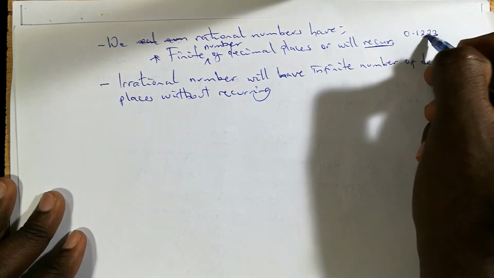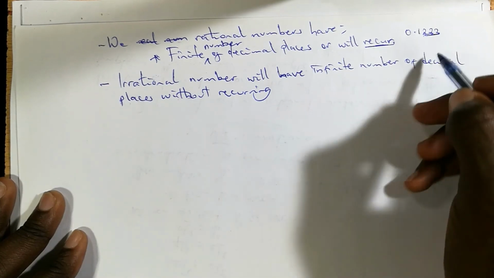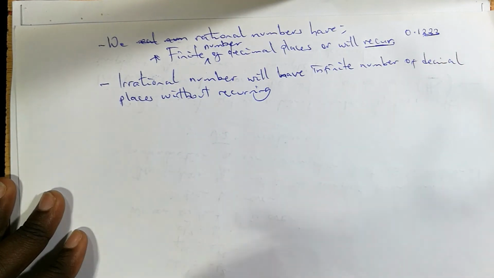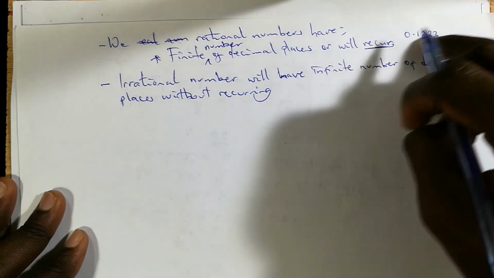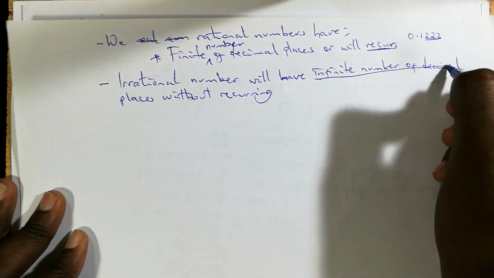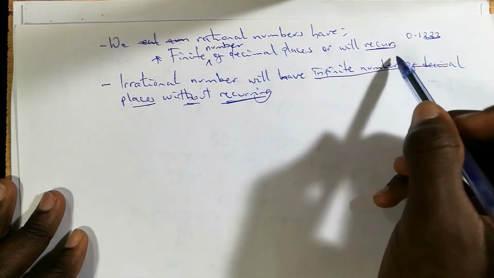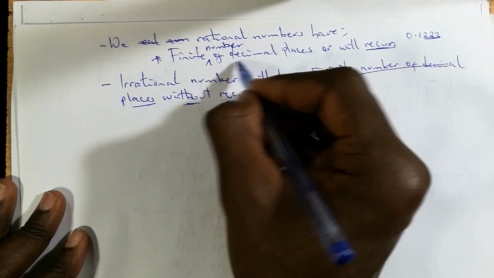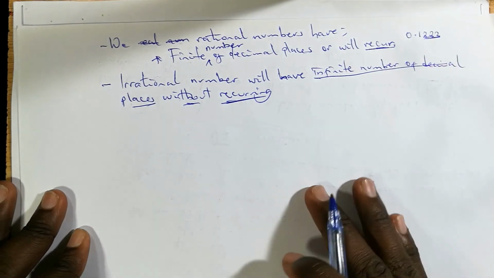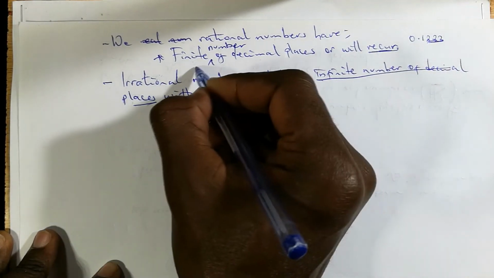That means no repetition, the numbers keep changing, like 1, 2, maybe 3, 5, 6, 7, but without repeating constantly. So irrational numbers have an infinite number of decimal places without recurring, while rational numbers either have a finite number of decimal places or will be recurring in case it's not finite.